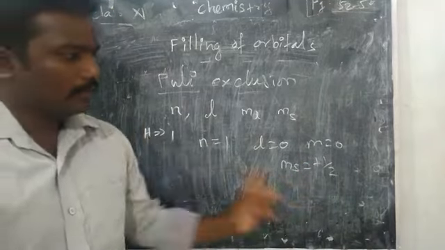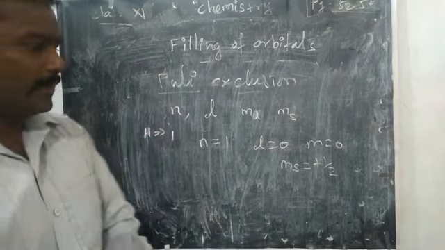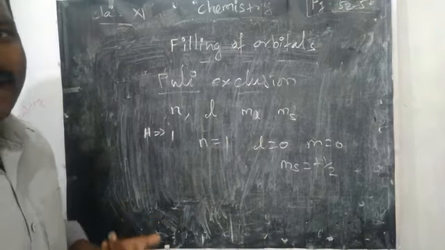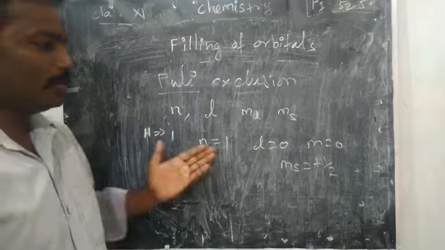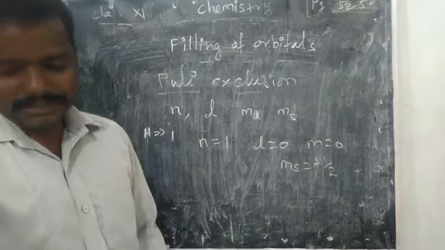See, one set of values. But hydrogen doesn't have any second electron, so it has a unique set of numbers.